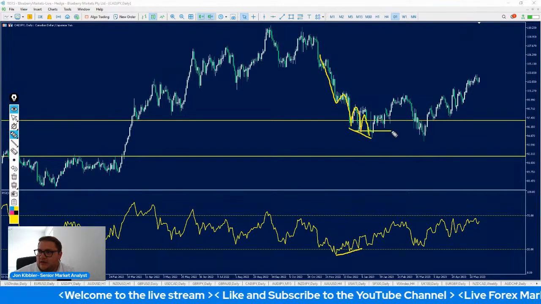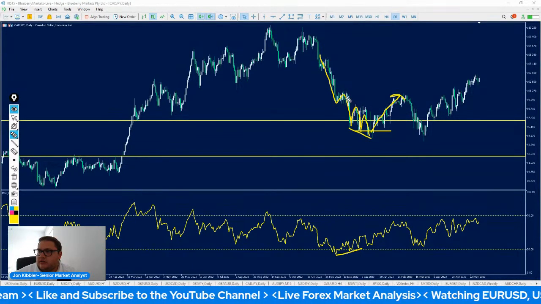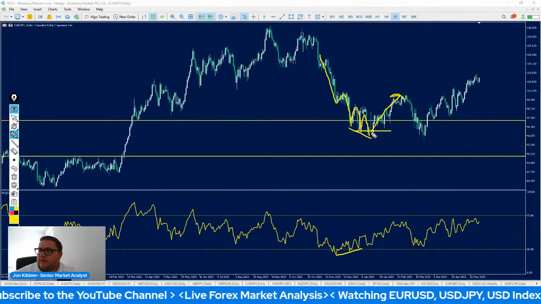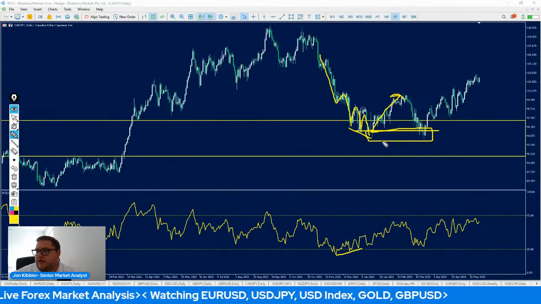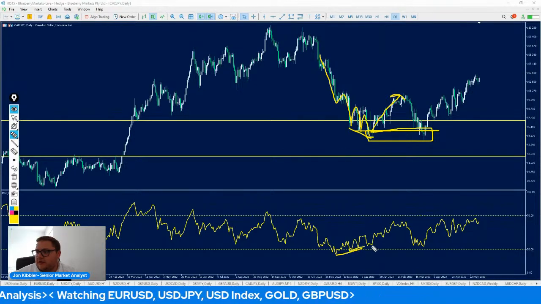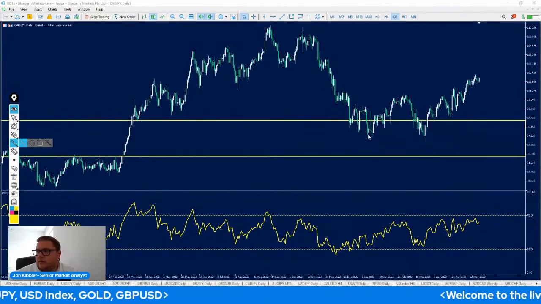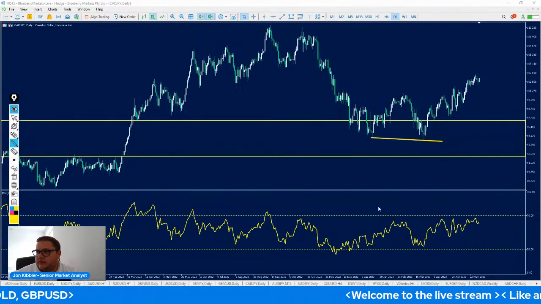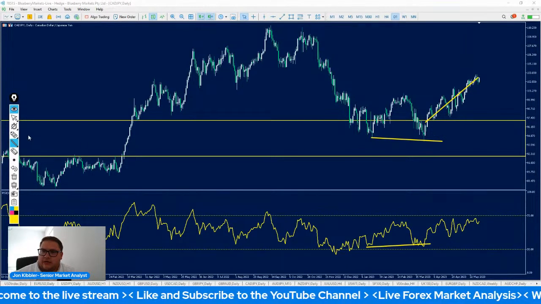And you can see once you sort of look for a potential move in here, price does start to push back to the upside. I'll be looking at sort of this area here, okay? And again, you can kind of see the lows forming in there, and that's actually still giving us that. So you've got lower lows on here, okay, slightly higher lows on our RSI, and then we get that continuation move to the upside, okay?